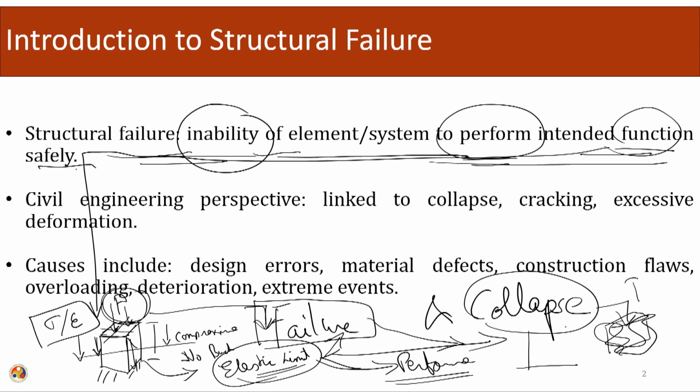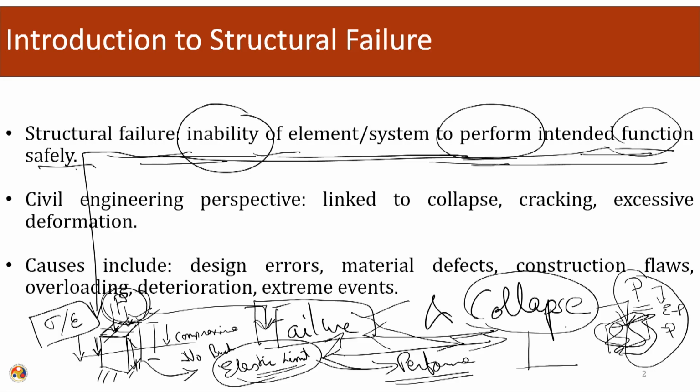It can surely take more load. But when it is taking more load, it might be in the elastoplastic region or in the plastic region, depending upon the magnitude of the load. The elastic limit has been breached. So, this is the definition of failure, and this is the distinction between failure and collapse.